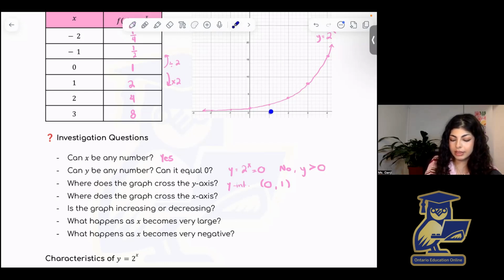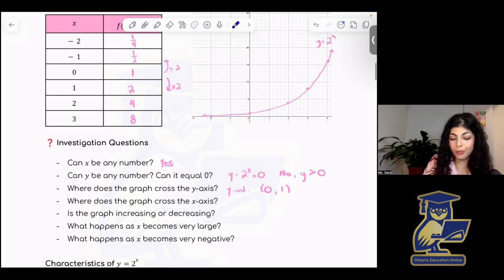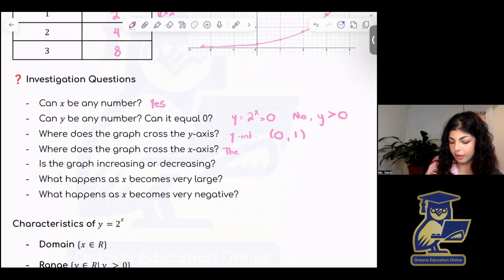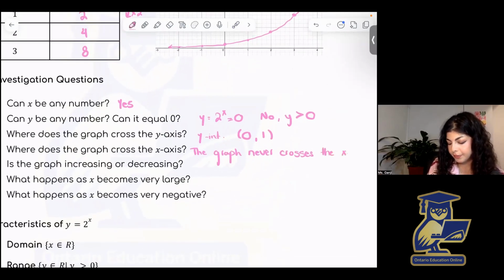And we can clearly see that as we go towards negative infinity, we are getting closer and closer to the x-axis, but we don't actually reach it. So we will say the graph never crosses the x-axis.